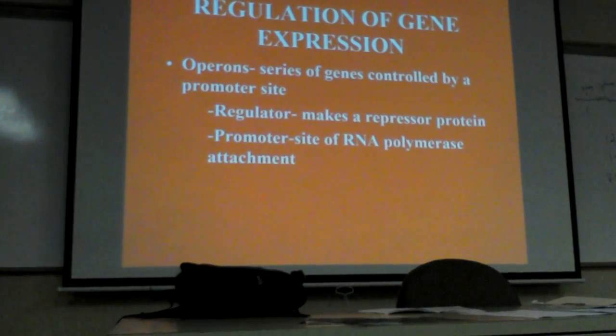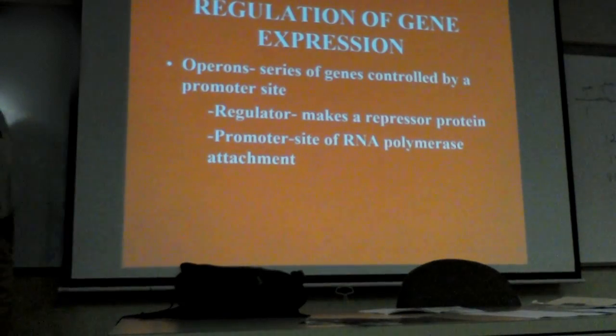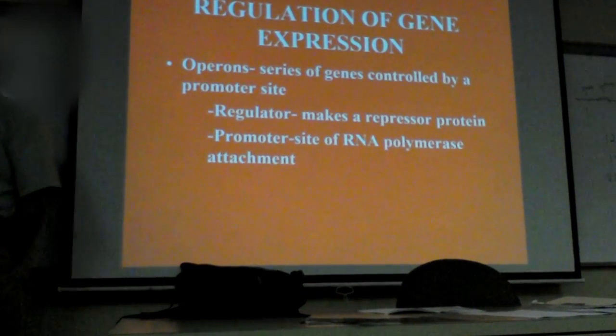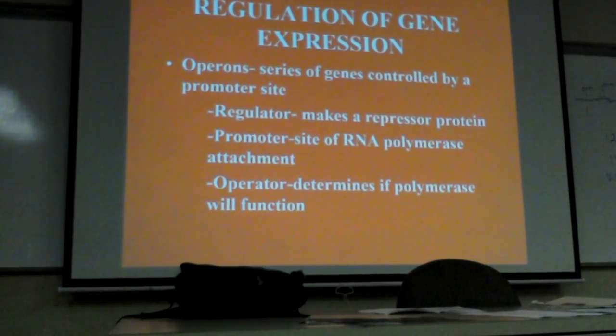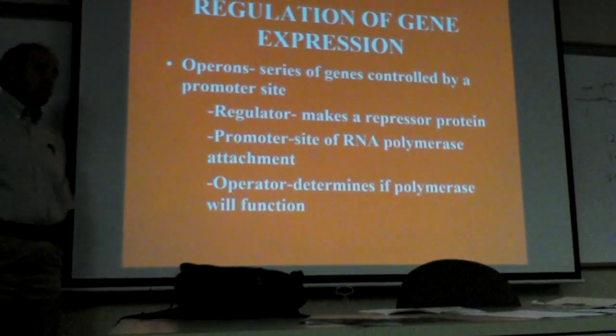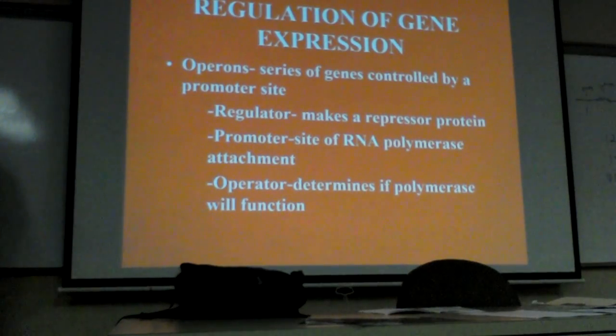There is a promoter, which is where the RNA polymerase actually attaches to the operon. And there is an operator, and that operator is going to determine if the polymerase will function, meaning if the polymerase will transcribe.